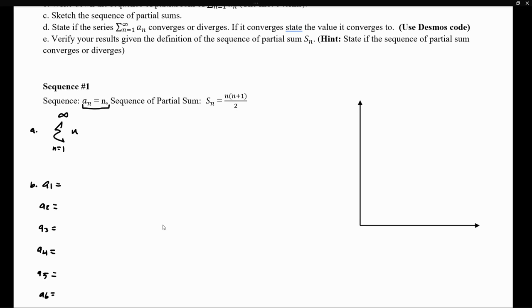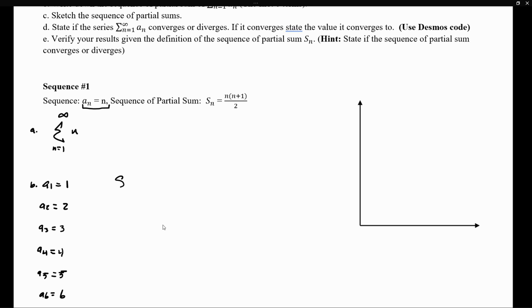So a of 1, my value is just going to be 1. A of 2, here n is 2, so the value of my term is 2. A of 3 is 3, 4, 5, 6. So we need the terms themselves in order for us to find the partial sums.